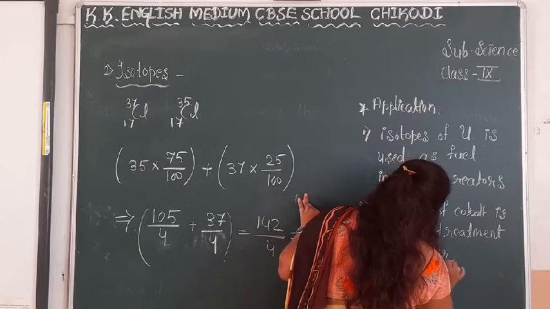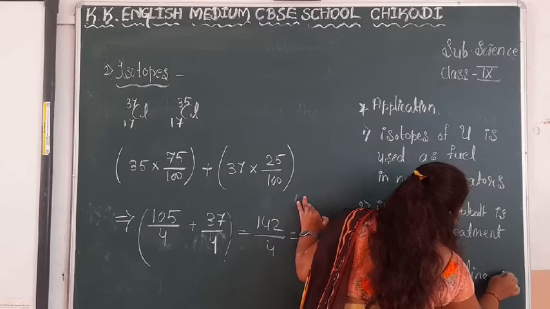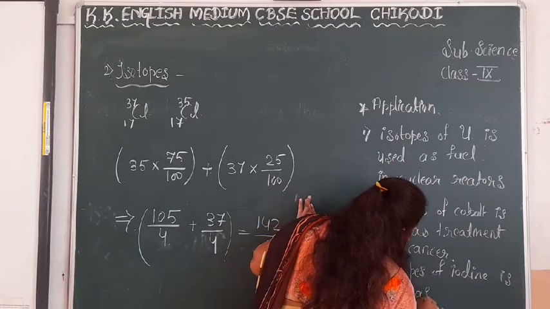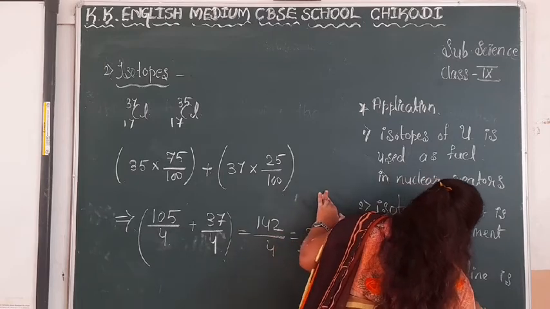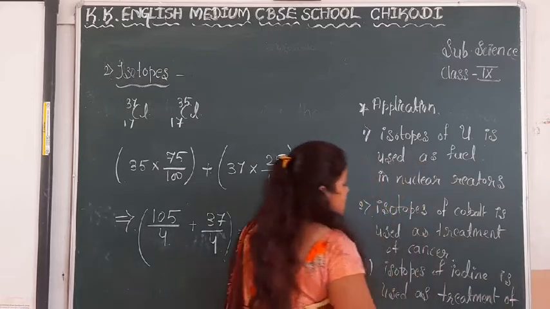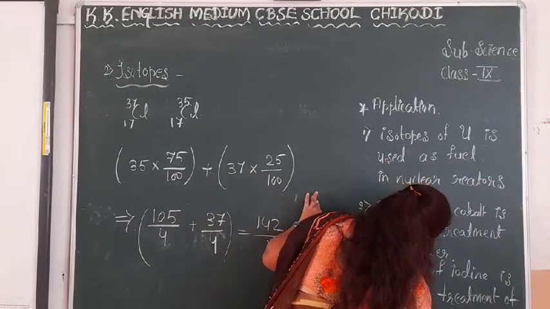Isotopes of iodine are used in the treatment of goitre. The deficiency of iodine causes the goitre.